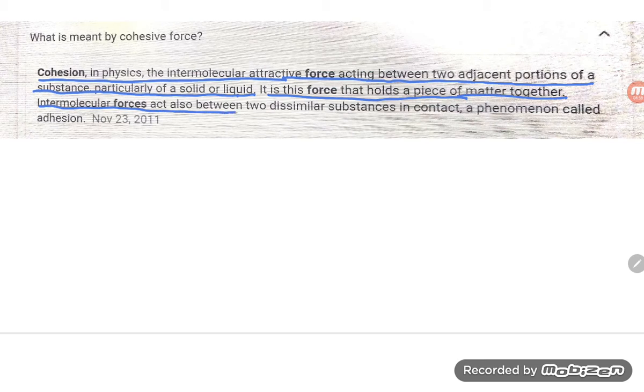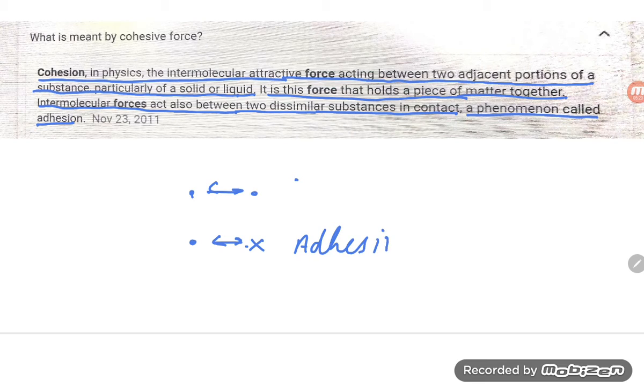Intermolecular forces also act between two dissimilar substances in contact, a phenomenon called adhesion. So cohesive means similar molecules attracting, and adhesive means dissimilar molecules attracting.